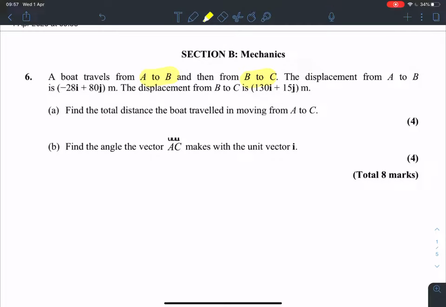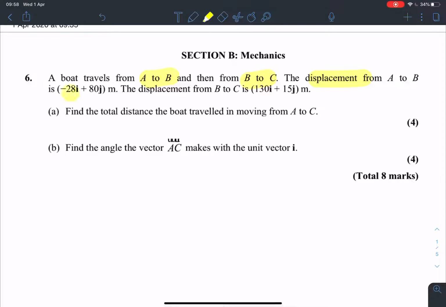So a boat travels from A to B, then from B to C. The displacement from A to B is minus 28i plus 80j, and displacement from B to C is 130i plus 15j. And we come down to the question.